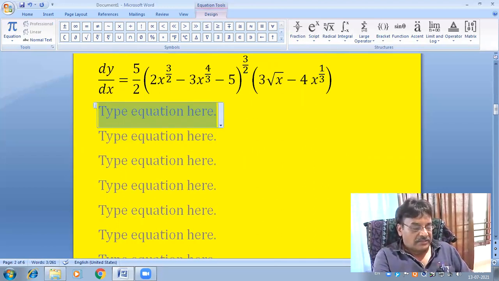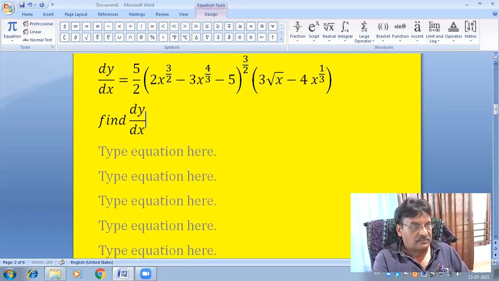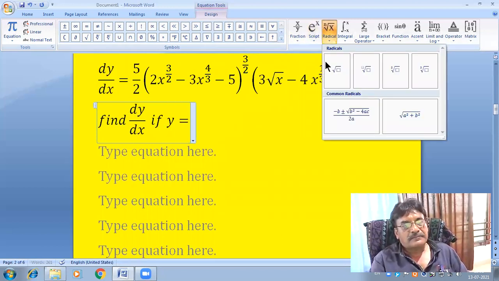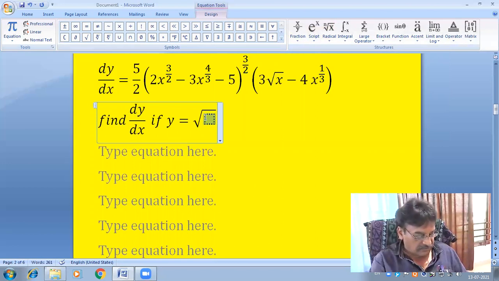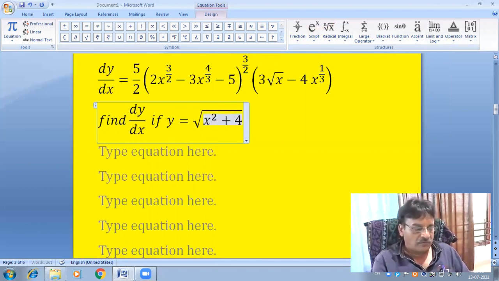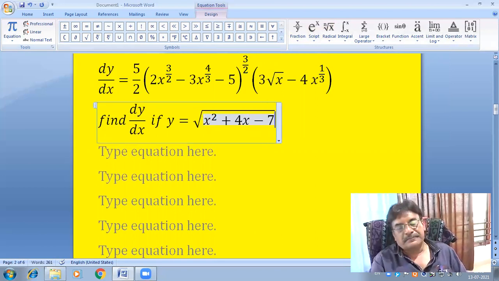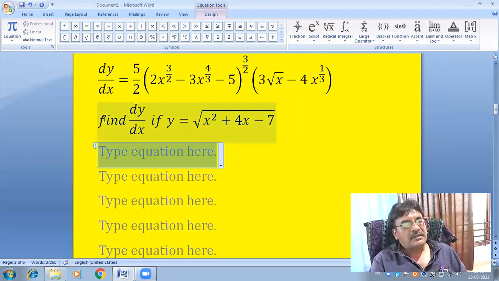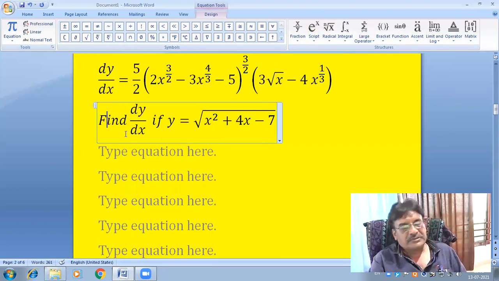Find dy by dx if y is equal to under root x square plus 4x minus 7. We differentiate this function with respect to x.